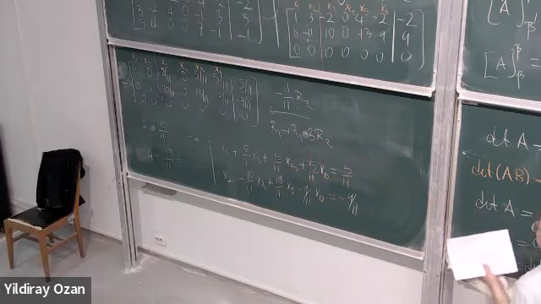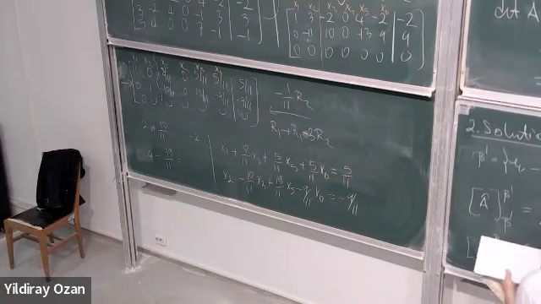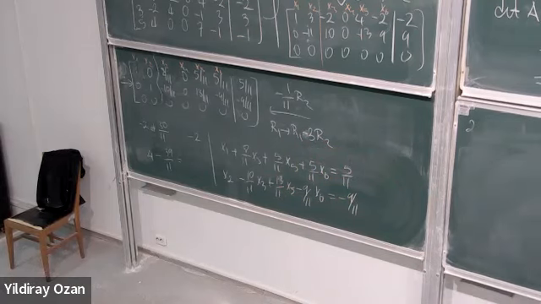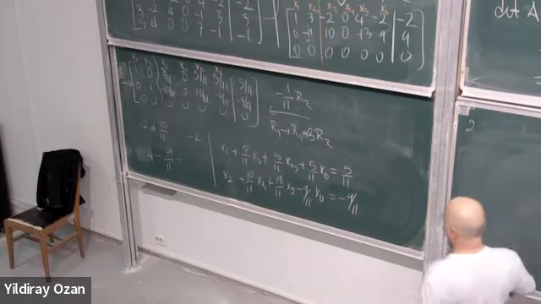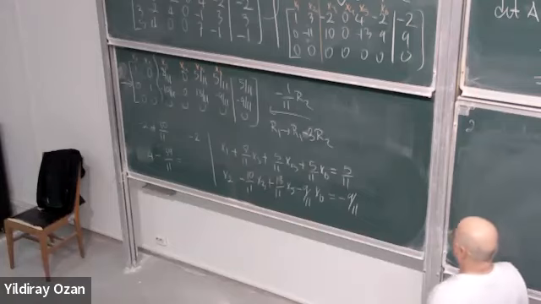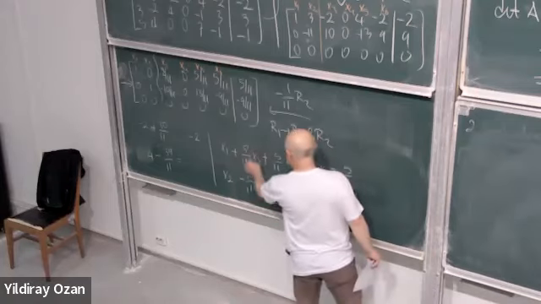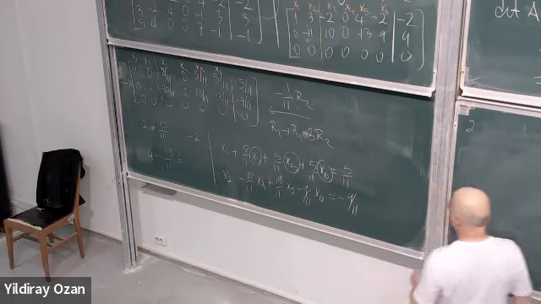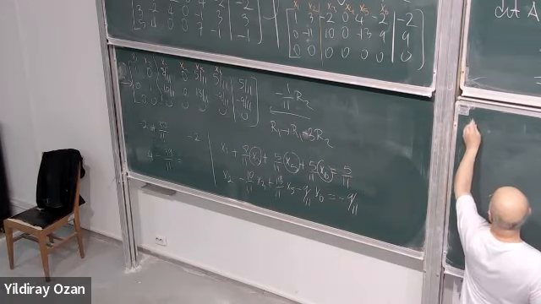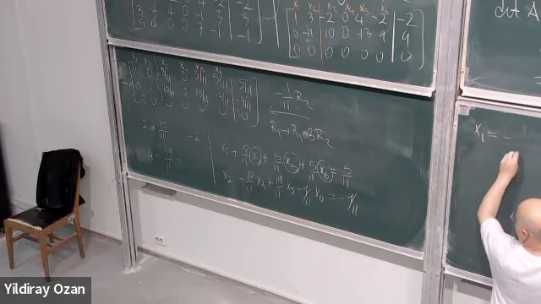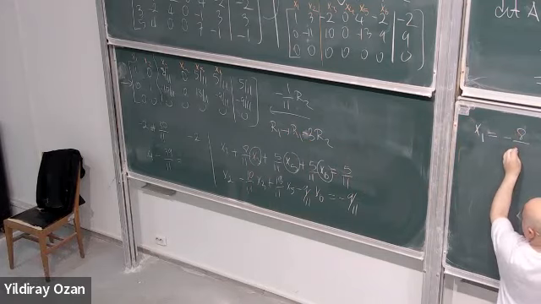These are three variables. I can just take them to the other side. So solution is just, so x1 is just minus 8 over 11.